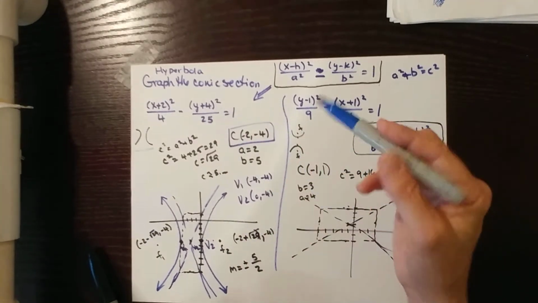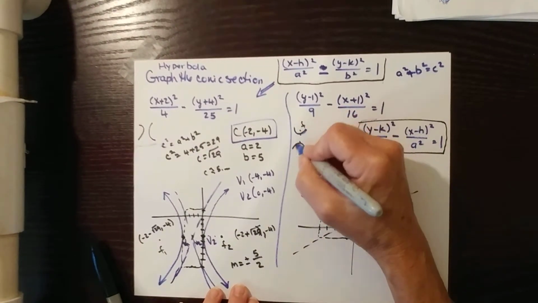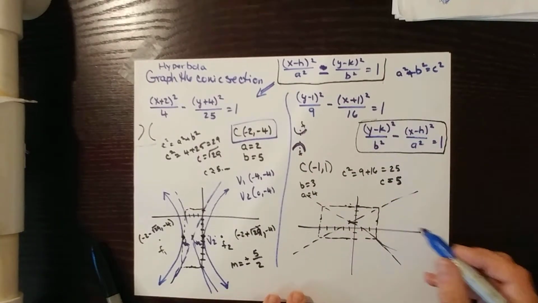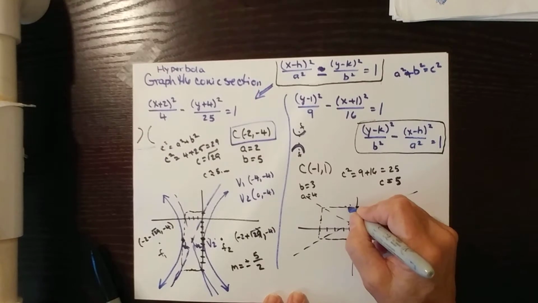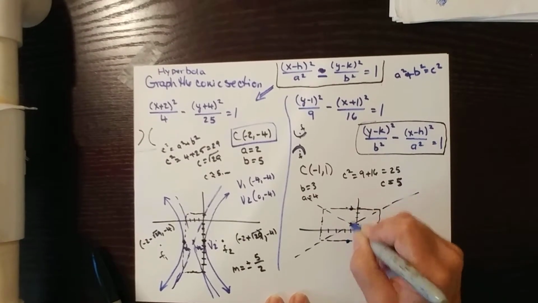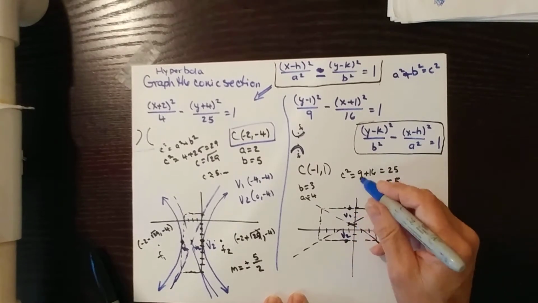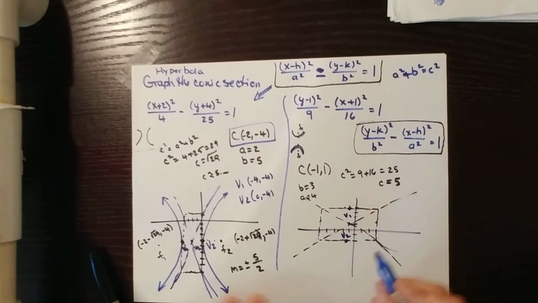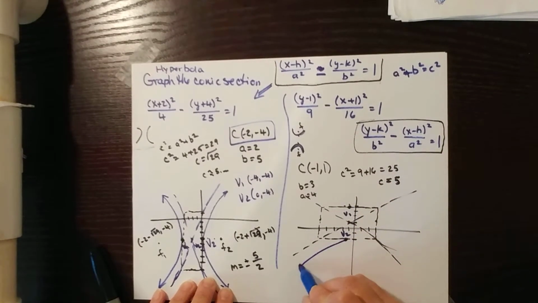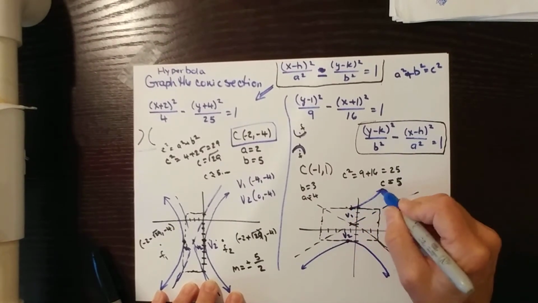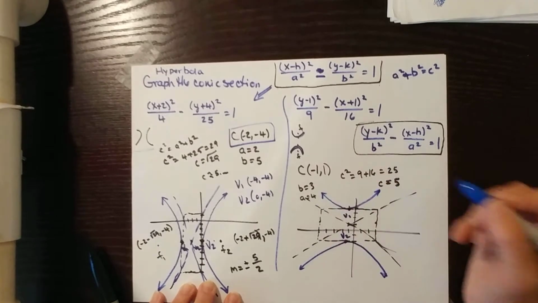Since y was positive, this means that my hyperbola will be symmetric about a y-axis. So that means these guys right here are the vertices. What that means is this is where the foci will be in line. So I can go ahead and make my hyperbola like that.